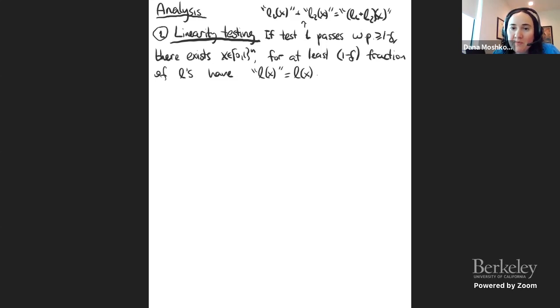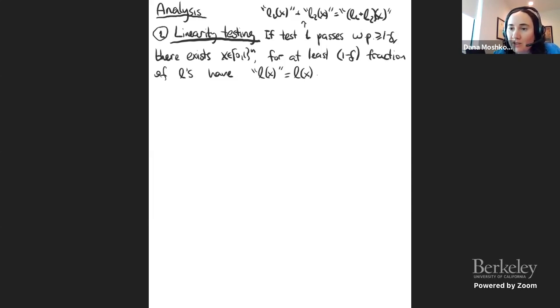Okay, we fix this x. This is the bulk of the proof: why, if you have those local tests, L1 plus L2 equals L1 plus L2, it actually corresponds to a global linear function.